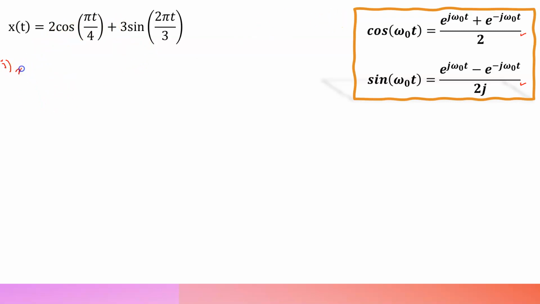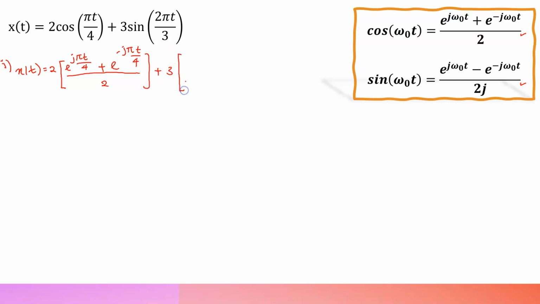So you have x(t) equals 2 multiplied by (e^(jπt/4) + e^(-jπt/4)) divided by 2, where ω0 is π/4, plus 3.